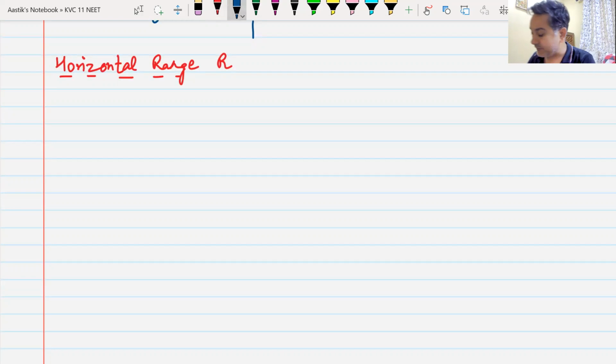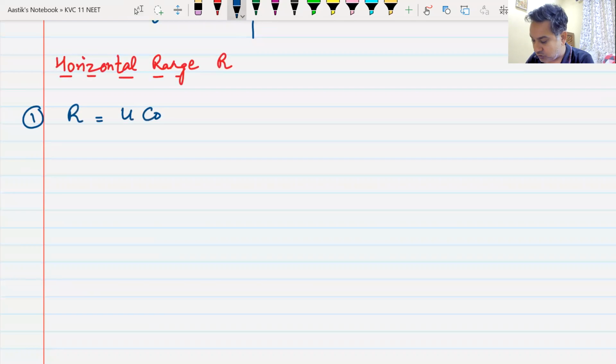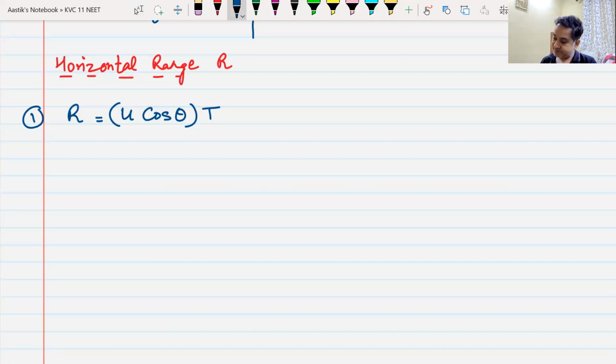Now there are different ways in which you can find out the horizontal range. The first formula of horizontal range is u cos theta multiplied by the time of flight. That is the first way in which you can write this.